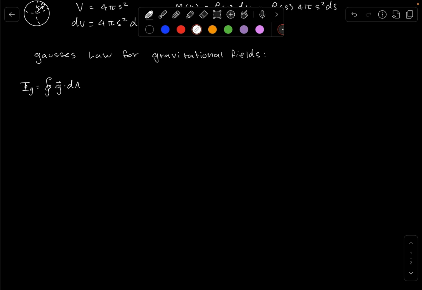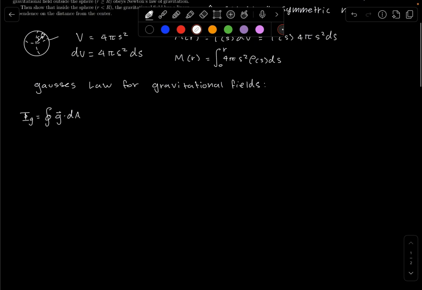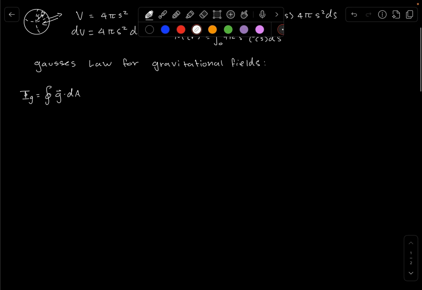For a sphere, the area vector is always shooting straight out, and G is always going straight in.